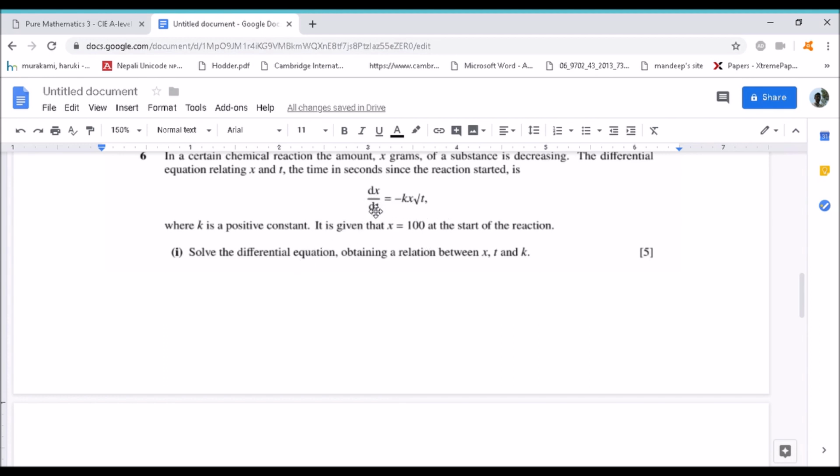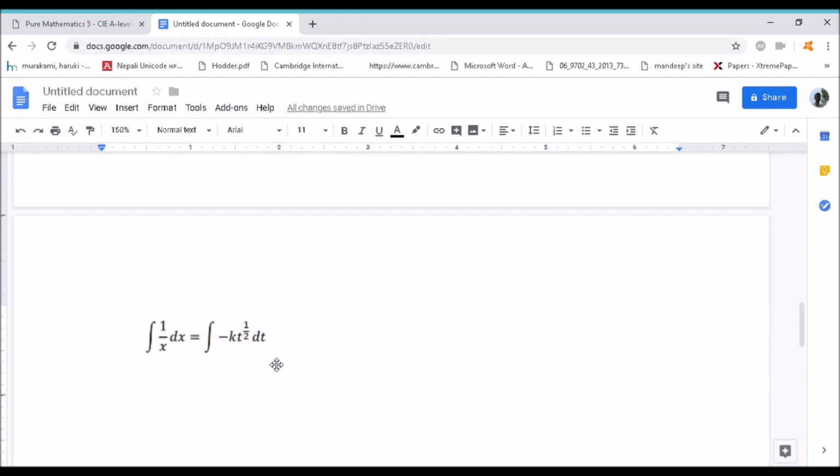There are many ways, but it's better to use this way. So x goes to the left hand side and dt goes to the right hand side, and we integrate that.